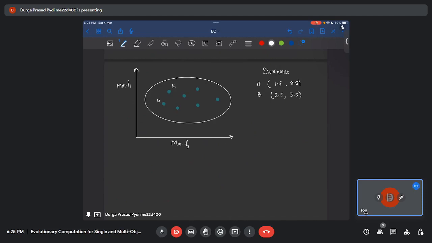Then you have another point C over here, something like 3.5 and 0.5. When you see all these 3 points, for the first 2 points we can clearly say, if you want to compare A and B, which one of them is better.